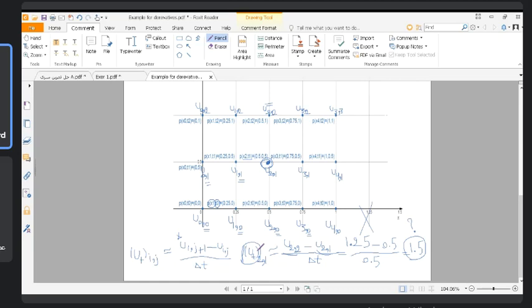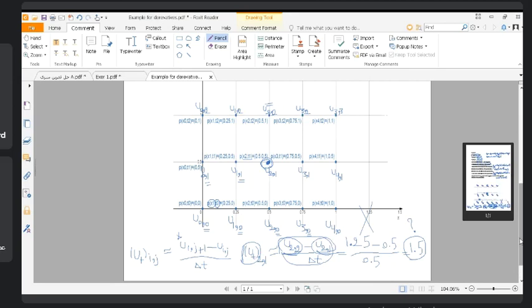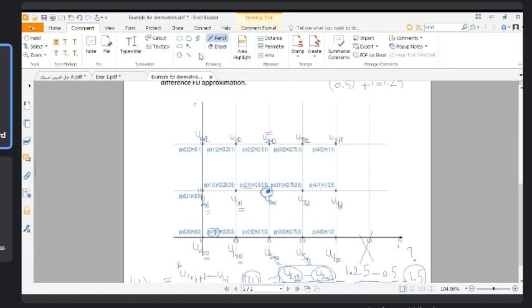We compute approximate for u respect t by using u. We use the value of u at 2, 2 and u at 2, 1. By using this formula, this fraction, we compute the approximate for ut, for the derivative of u respect t. This is a forward approximate finite difference. Why do we say this is forward?